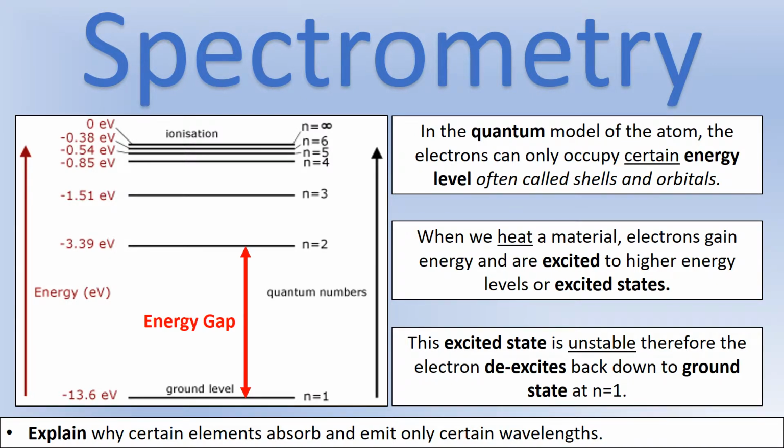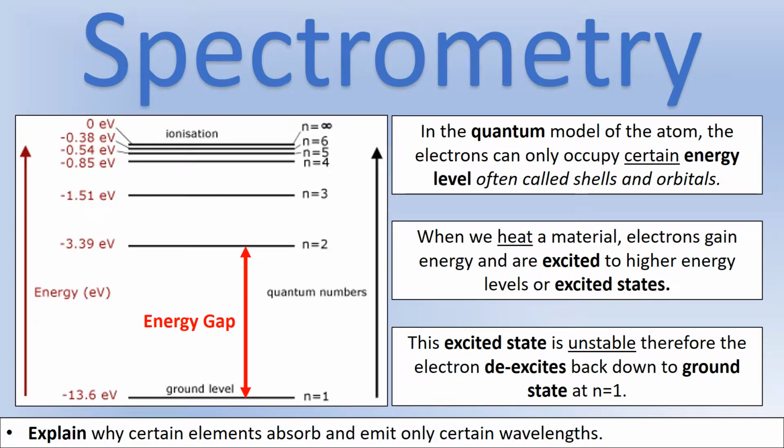And we can see that each level has a different amount of energy associated with it. What happens when we heat a material is electrons gain enough energy to move up to the higher energy levels, and that process is called excitation. The energy levels n equals 2 and above are known as excited states.